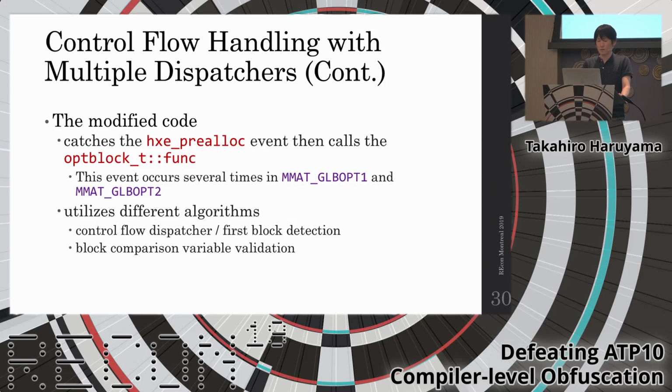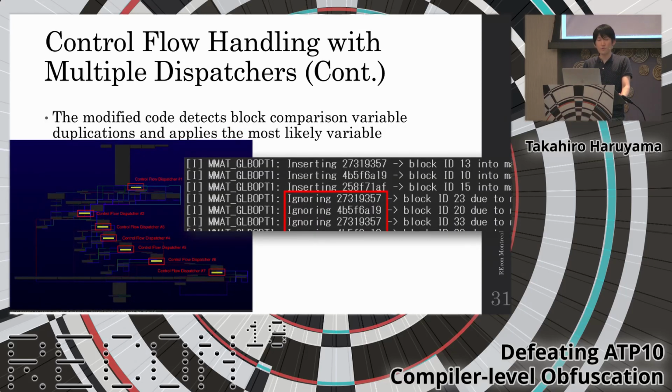Then it calls the opt_block_t callback function several times. Usually, a block comparison variable is unique in one function, but a few functions with multiple control flow dispatchers have duplicated variables. So the modified code detects the duplications, then applies the most likely variable in the selected dispatcher by validating the block numbers.